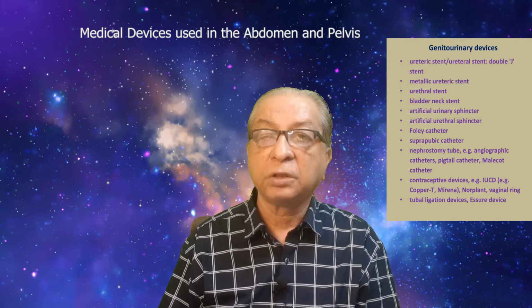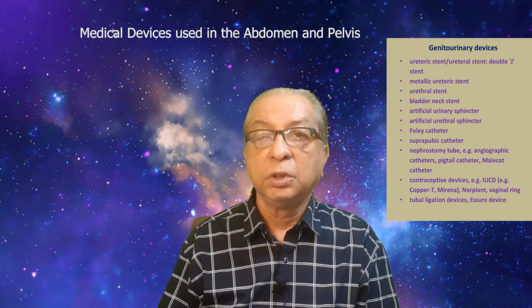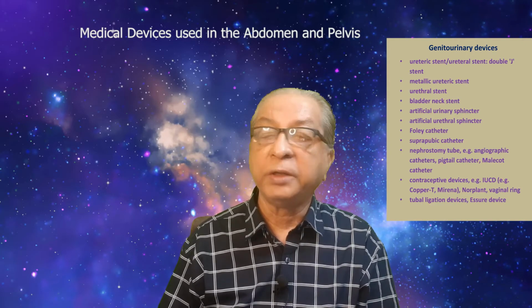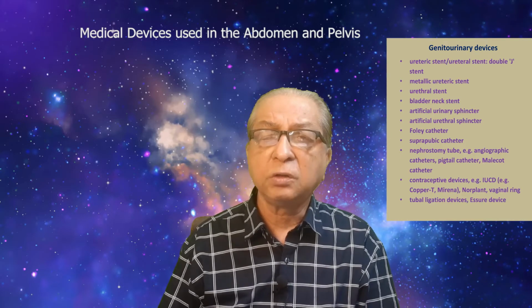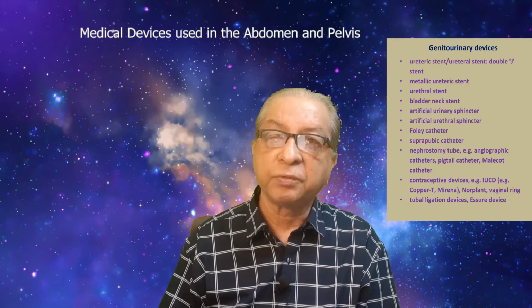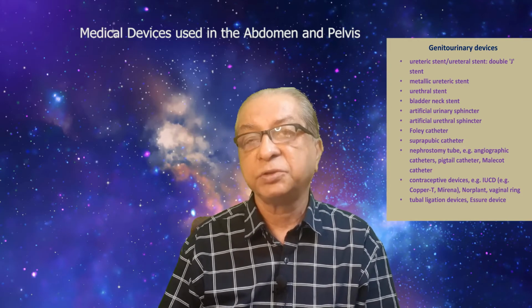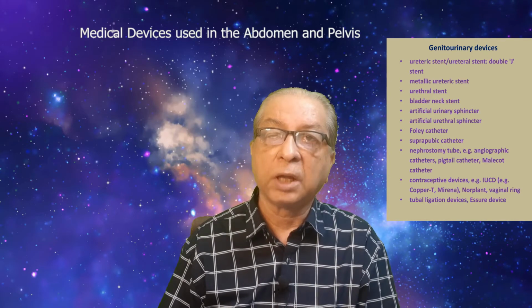So there is a lot of equipment in use to examine the vagina and the ovary to find out what the problem is. A lot of devices are being used. Then a lot of observation tubes are fixed. Then a lot of samples have to be taken. For all these, one device or another is used in the genital area.